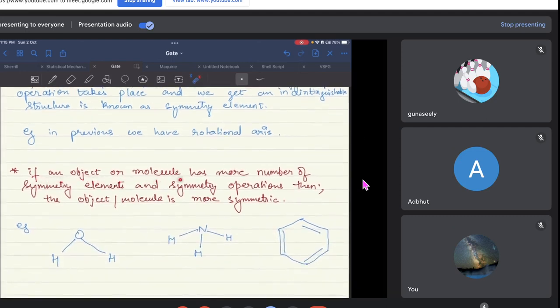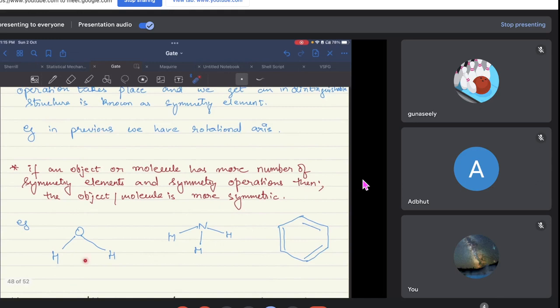If an object or molecule has more symmetry elements and symmetry operations, then it is more symmetric. Among H2O, ammonia, and the benzene molecule, you will find that the number of symmetry operations and elements is maximum in benzene.